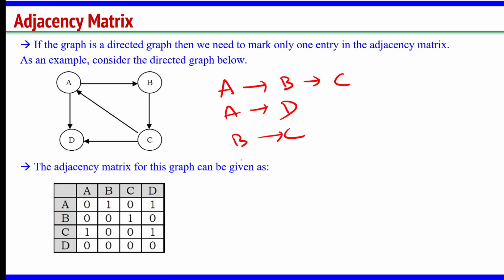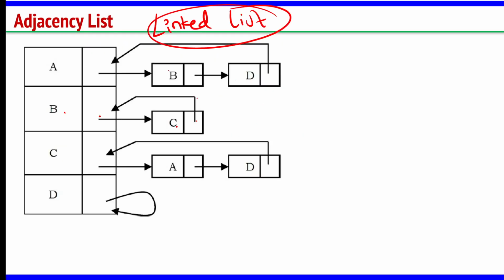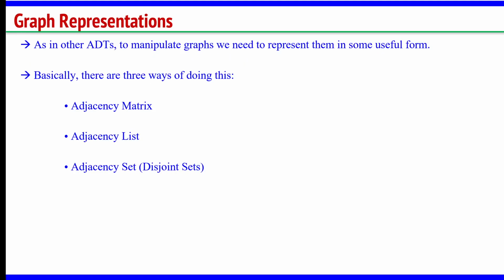Then from C to D, and C to A is also there. Then for D there is no path. Like this you can store them as a linked list. But the problem here is that you need a lot of memory in the adjacency list format to store the graph.